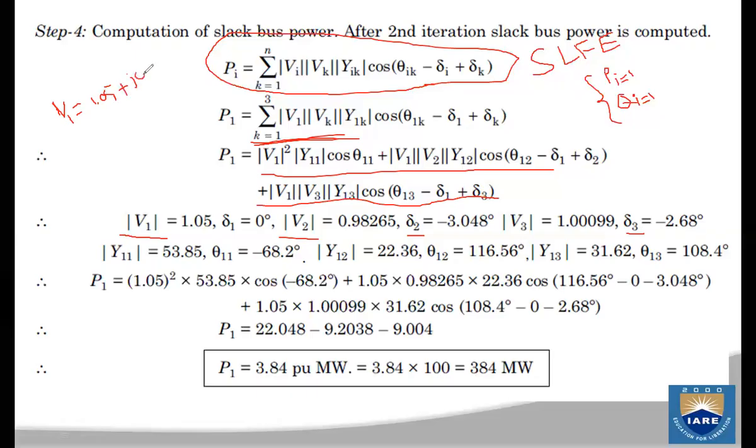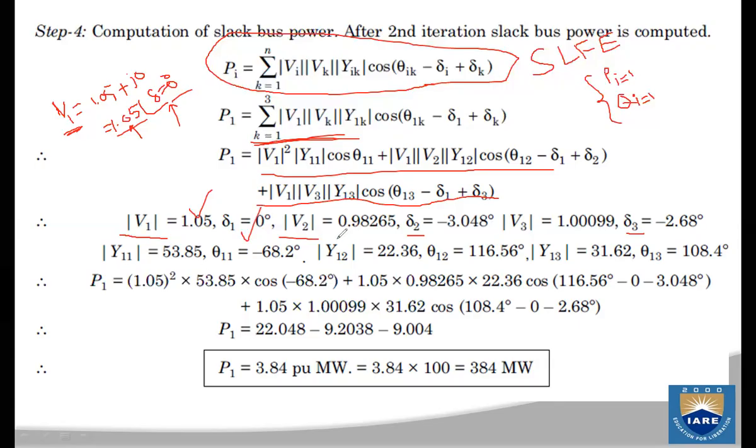If you convert into polar form, you get 1.05 at an angle of delta, where the angle here is 0 degrees. So this is the magnitude and this is the angle for V1. Magnitude is 1.05 and the angle delta 1 is 0 degrees.